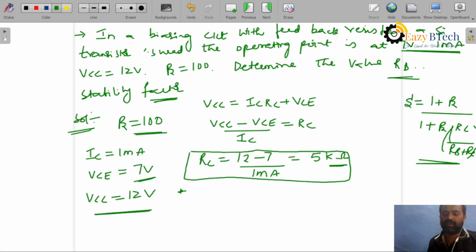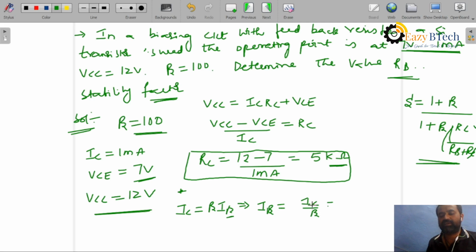Okay, students. Similarly, RC is known and IC is known. Now IC is equal to beta IB. To find the value of IB, we write IC by beta.